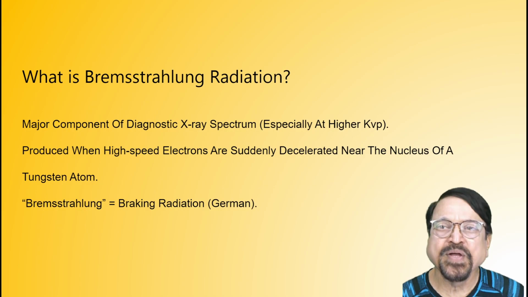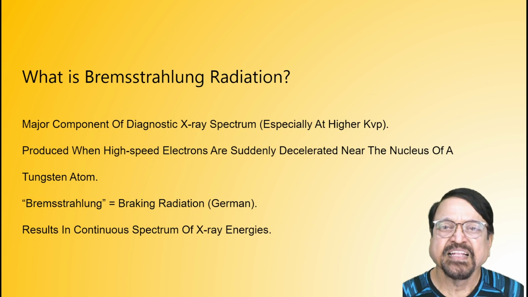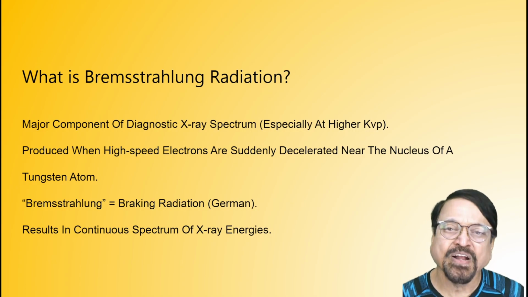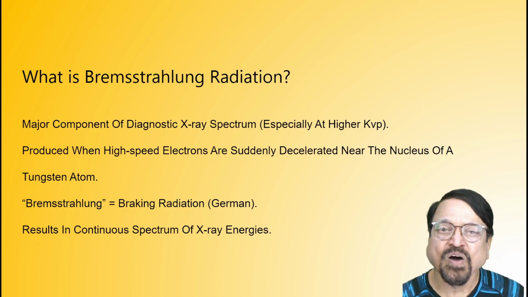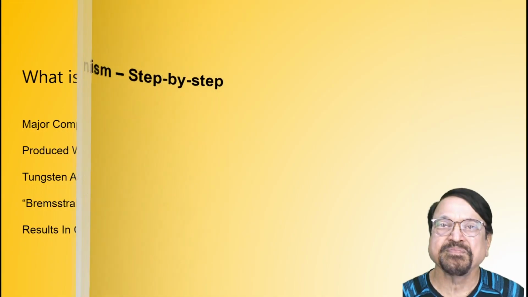Now the word also we have seen, that Bremsstrahlung means braking radiation. Now, how it results in a continuous spectrum is because the closer the electron is deflected, the higher will be the energy liberation, and the peripheral one will have a lesser. Now how it is, we are going to see with the help of a diagram very soon.